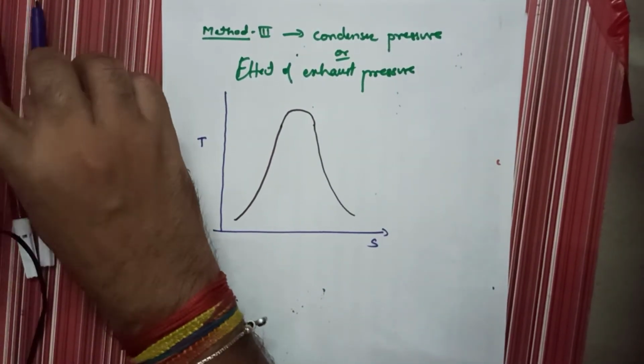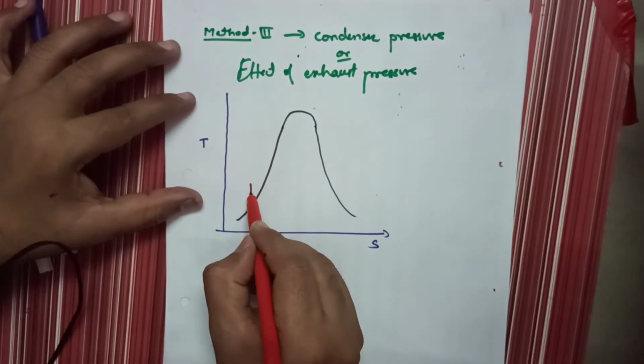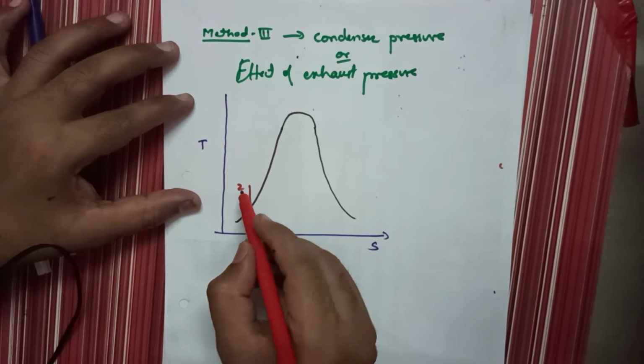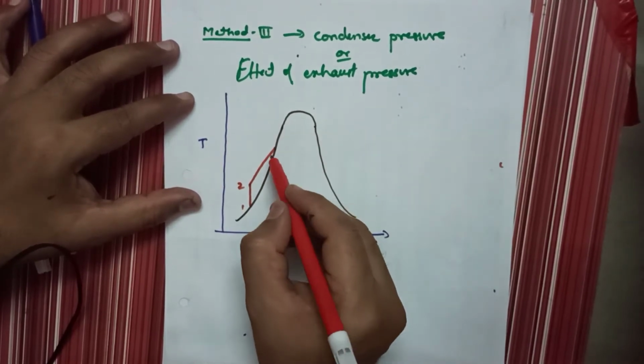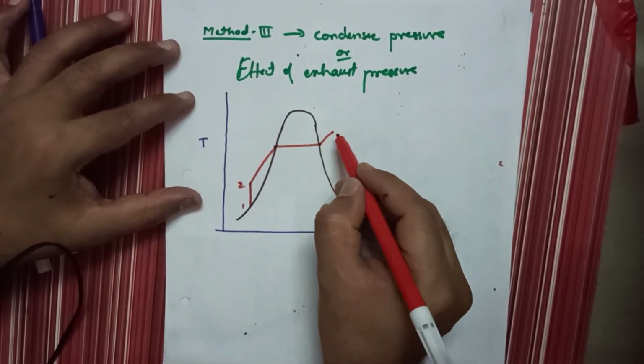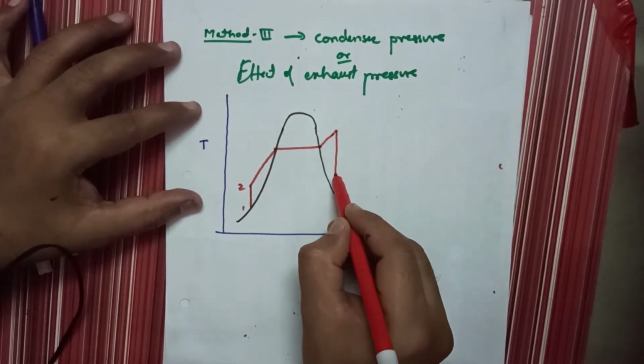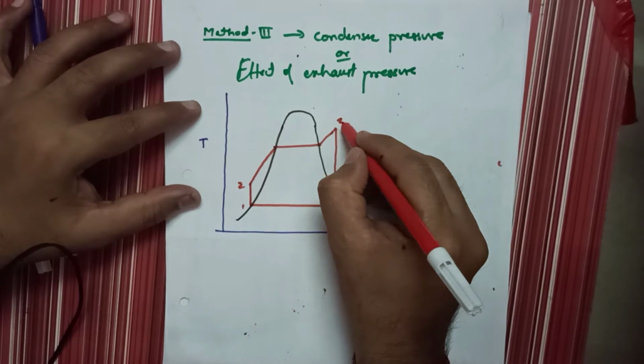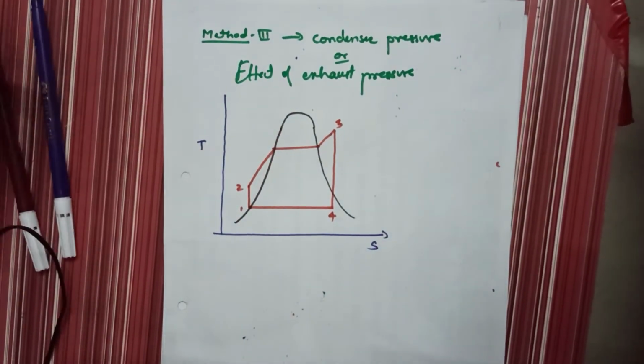So 1 to 2, I will draw a simple Rankine cycle again. 1 to 2 is work done on the pump. Now heat supply is started. This is superheated. Okay, 2 to 3, 3 to 4.